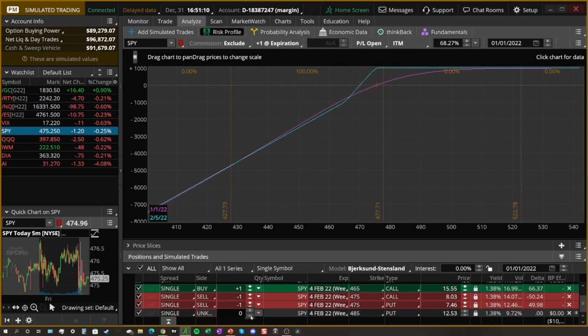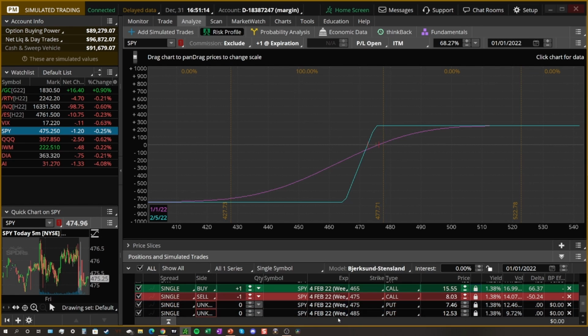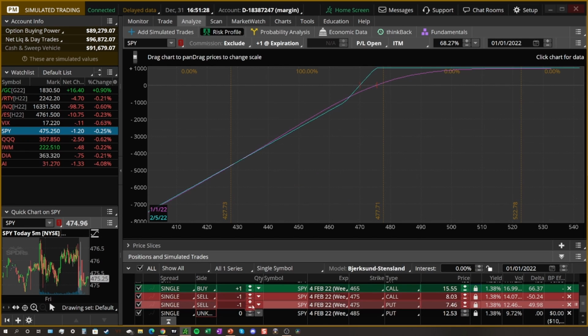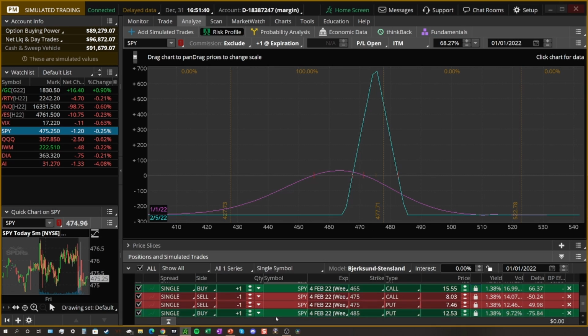If you're having a hard time understanding how this is set up, what I'll do is I'll turn off the put vertical, and this is a typical bull call vertical, right? That is a typical bull call vertical. And then when you sell that other middle leg, you have this huge loss area. And so to offset that, that's when you buy the additional leg.